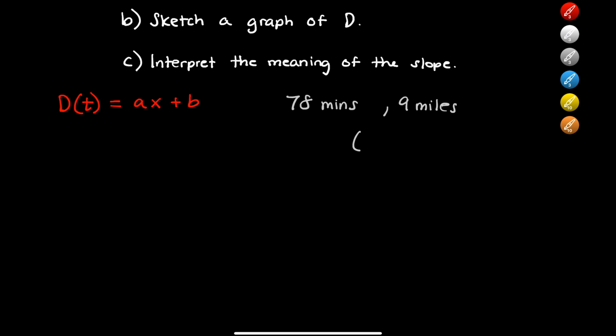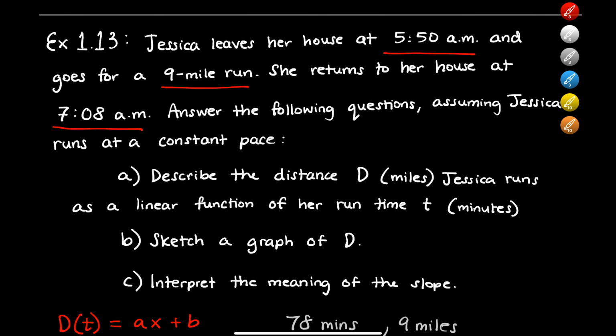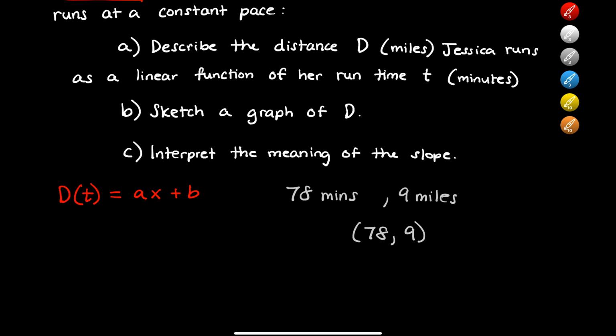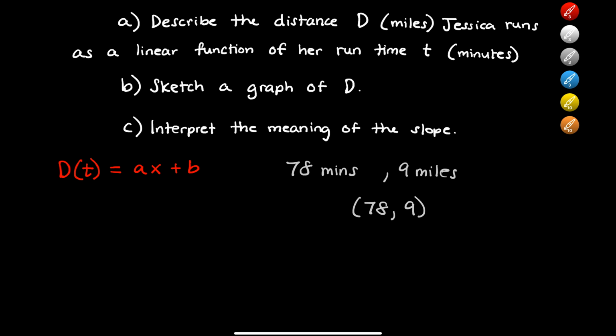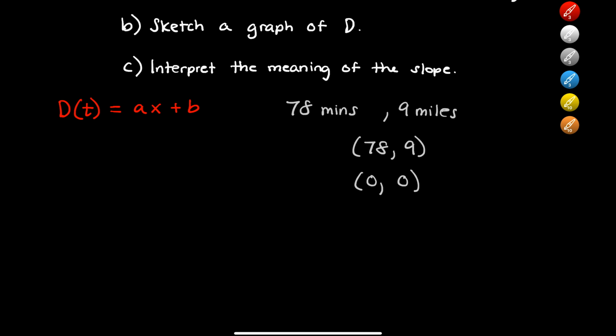In 78 minutes, she ran 9 miles. And if you think about it like this, when she started her run, she ran for 0 minutes, and in that time she ran 0 miles. So now we have 2 points. We have point 1 and we have point 2.